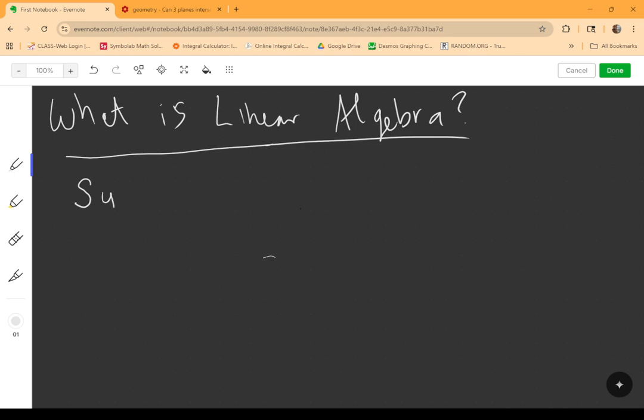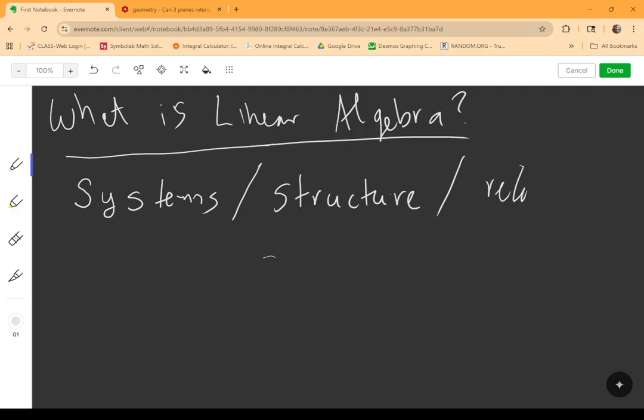One way to think of this is we are going to be looking at systems, their structure, and the relationship that they have. We've all probably solved a system of equations before in an algebra class.